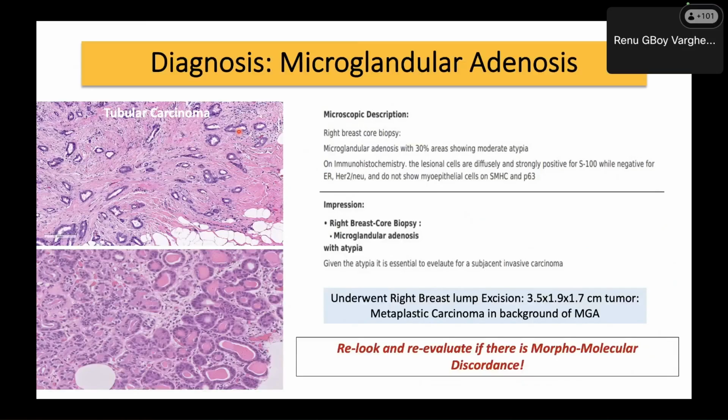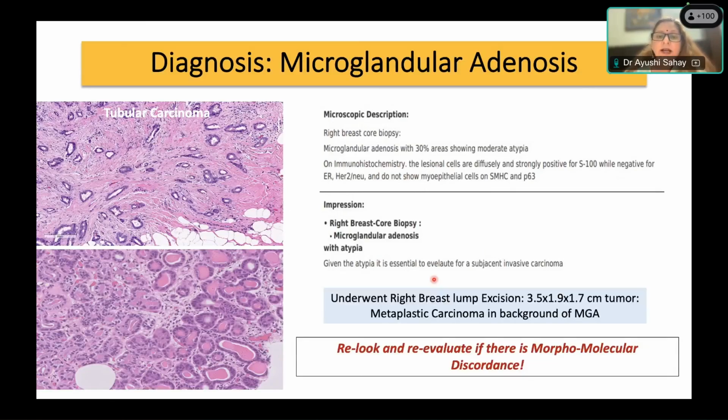Yeah, you're right, madam. As I said, in this particular case, we did say it is microglandular adenosis, but we highlighted that given the atypia, it is essential to evaluate for an invasive carcinoma. This is what we would report in any microglandular adenosis that we see, regardless of the presence of atypia: we need to correlate with the radiology, and if there is a bigger lump, we need to excise it completely to rule out invasive carcinoma.